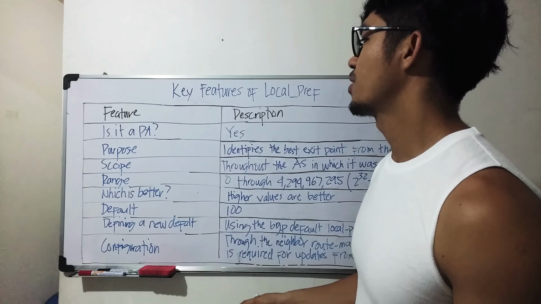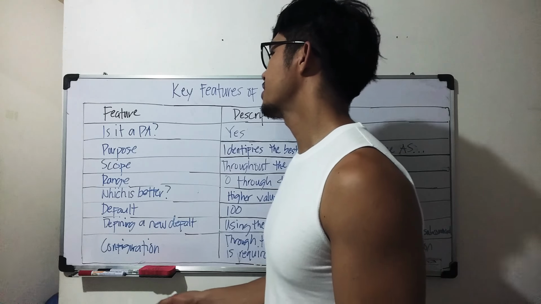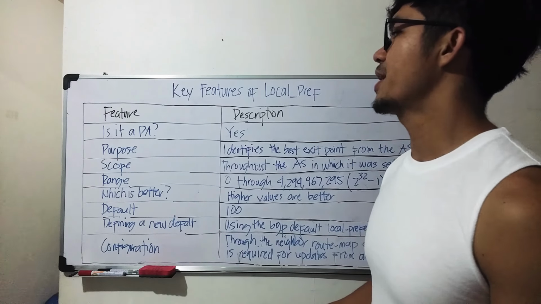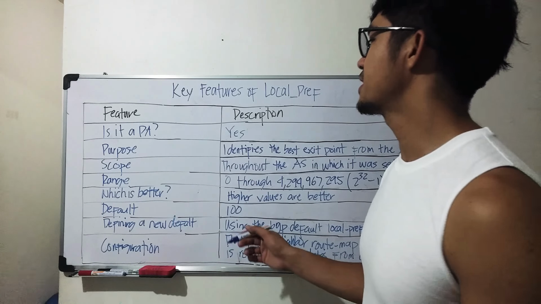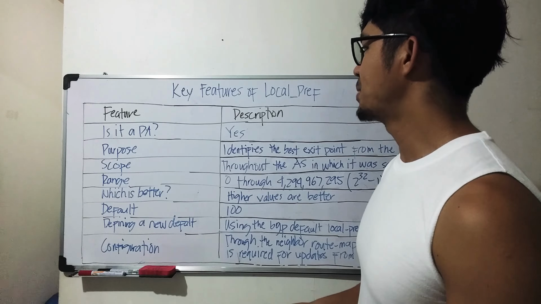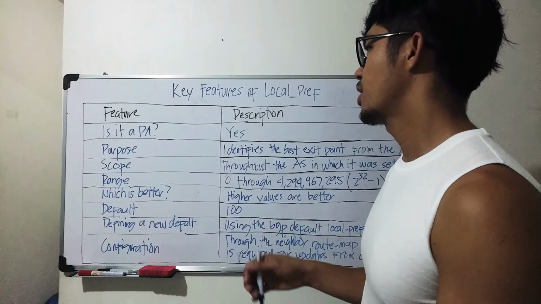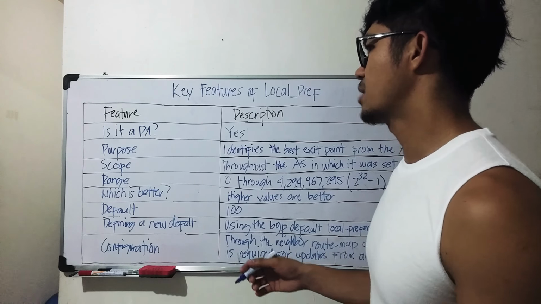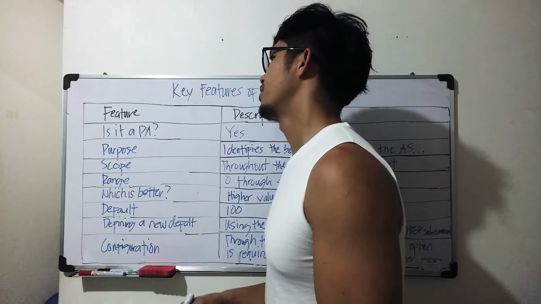So number one is local pref. Is it a PA? And it is a PA, meaning that it can be used by other vendors, for example, Juniper or Arista.